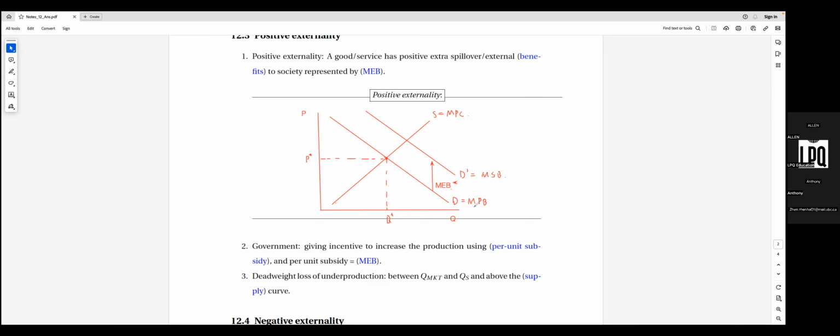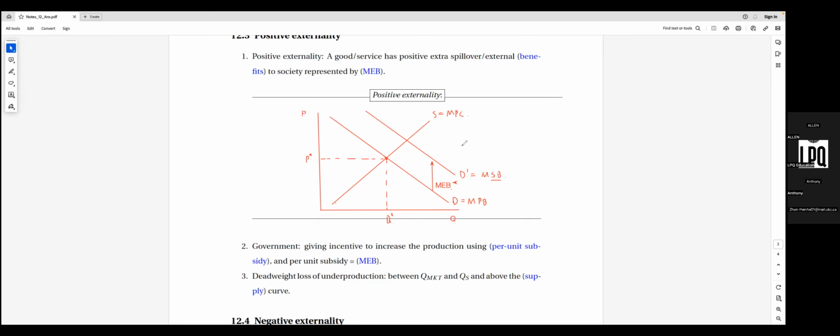You just vertically add up MPB and MEB together to get MSB. SB means social benefit.